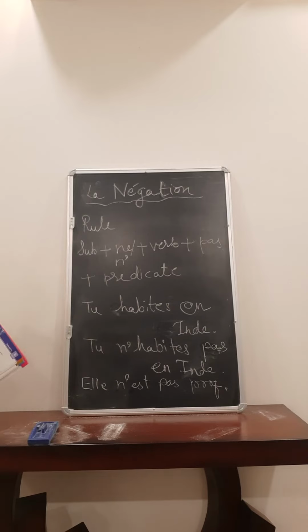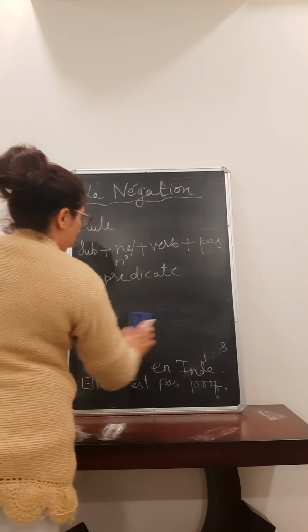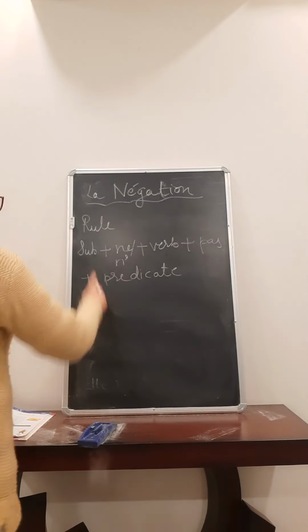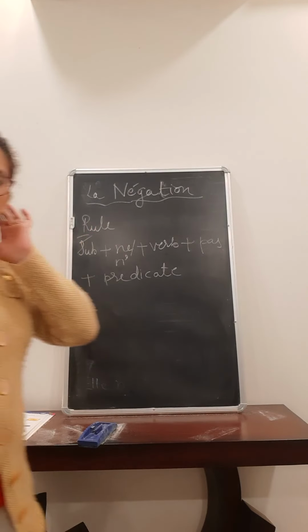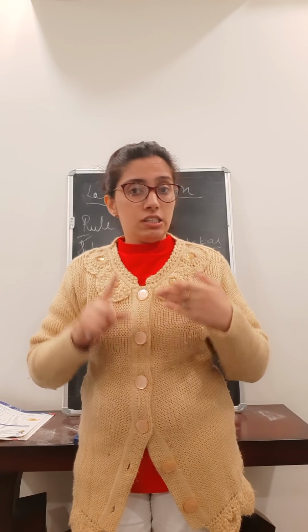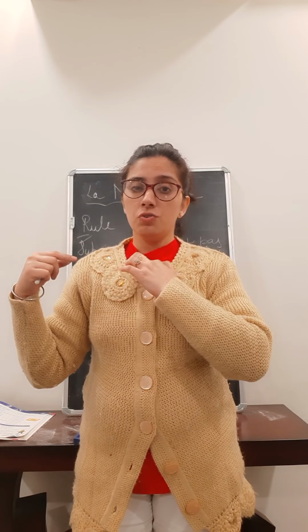Now, what is the second rule of negation? The second rule is: if your negative sentence has any indefinite article, which is un, une, or des, or the partitive articles, though in your course the partitive articles are not being taken, then indefinite articles like un, une or des will become de or d apostrophe.